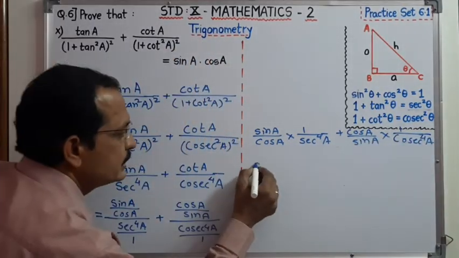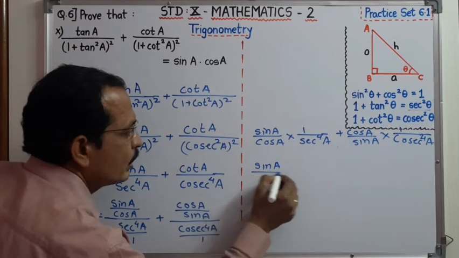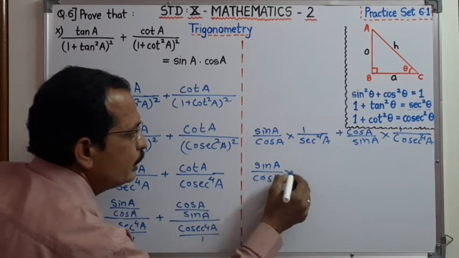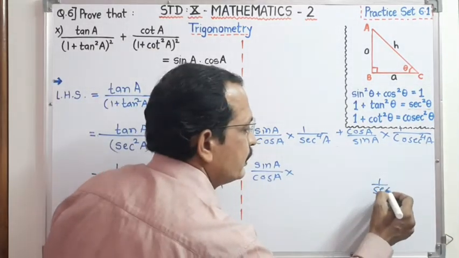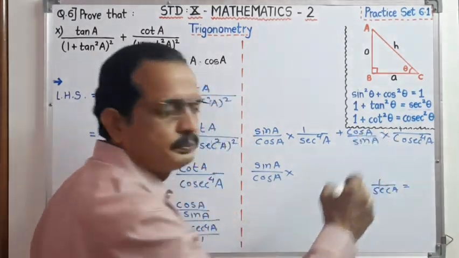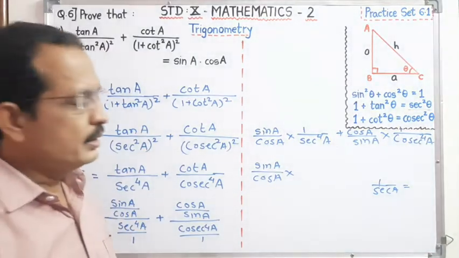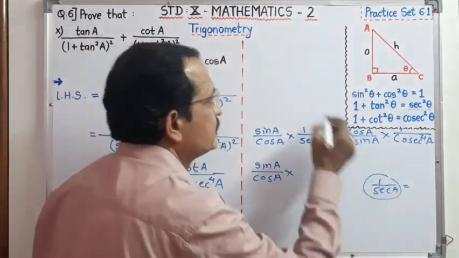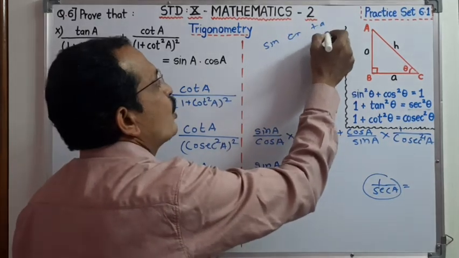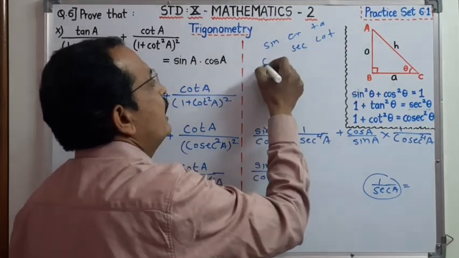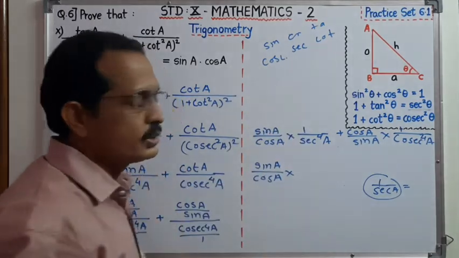Now dear students, see sin A upon cos A into 1 upon sec A. Sin, cos, tan, cot, sec and cosec. Got it dear student?